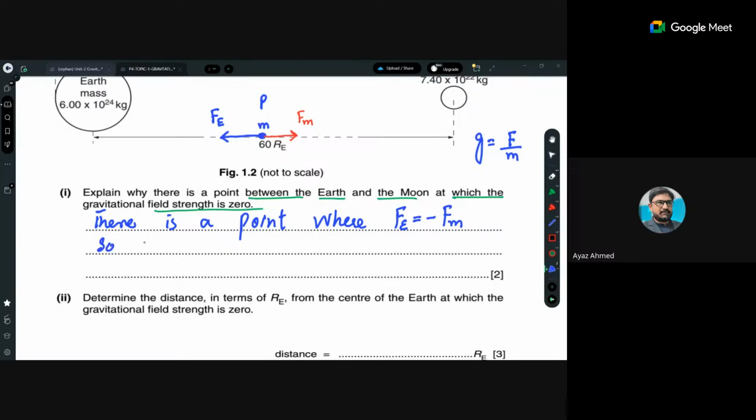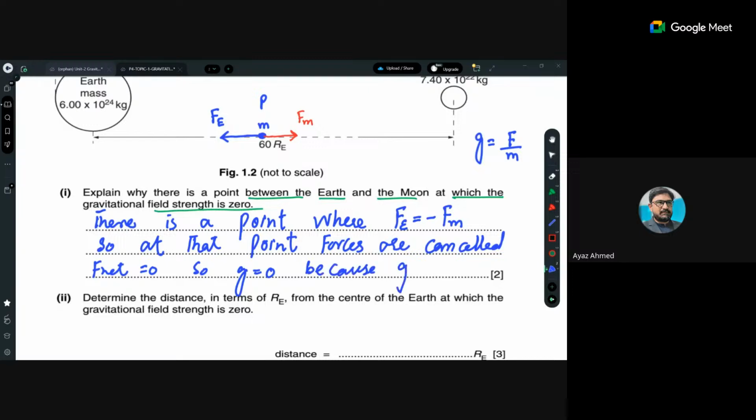So at that point both forces cancel the effect of each other. Net force is zero. Yes, forces are cancelled and the net force goes to zero. So gravitational field strength is equal to zero, because gravitational field strength is force per unit mass.